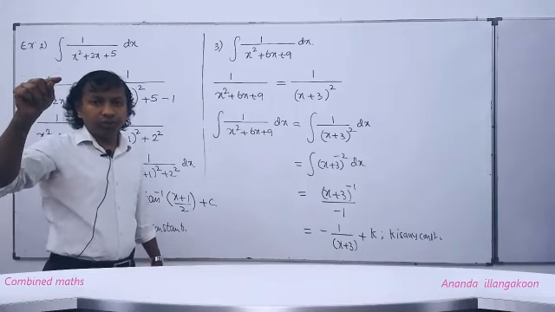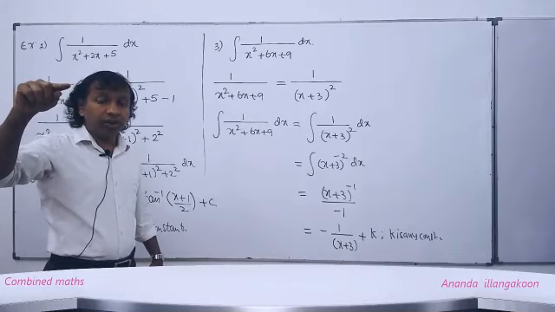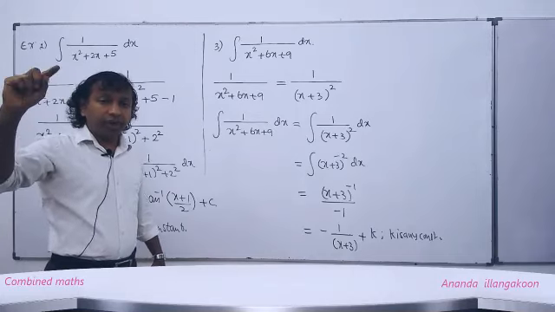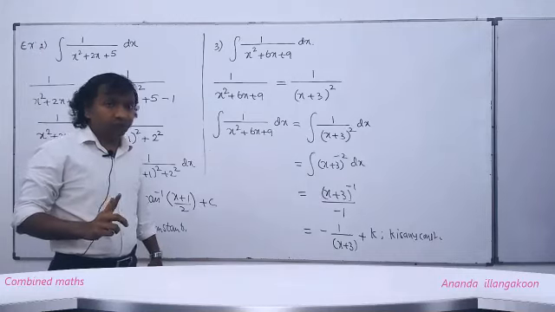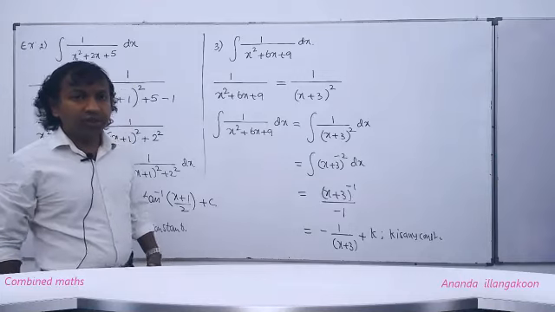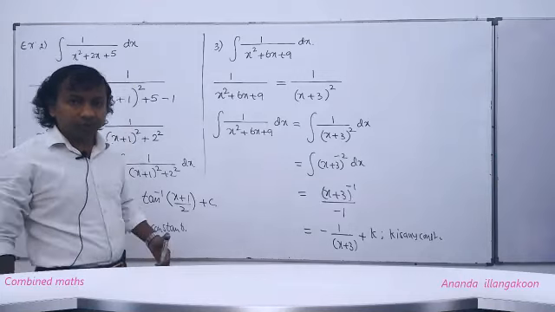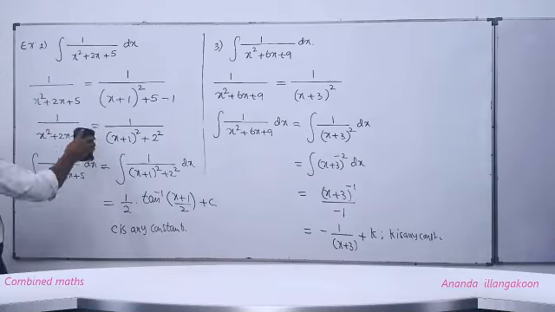Or sometimes the numerator can be a second degree polynomial, x squared plus x minus 1, or a third degree polynomial, x cubed term. One question in 2016 had a first degree polynomial at the numerator. So we'll discuss at least one question from each kind. Okay, right. We'll come to the next one.